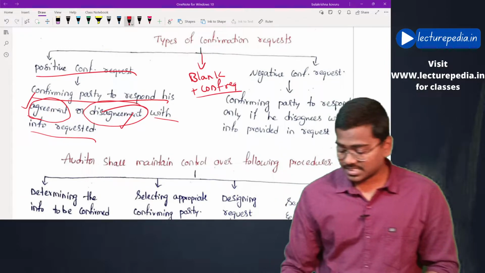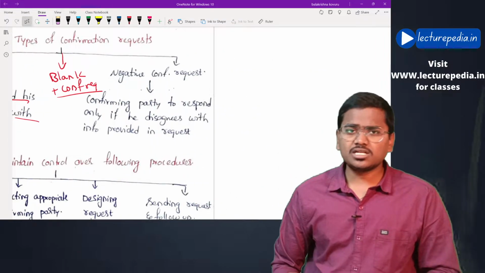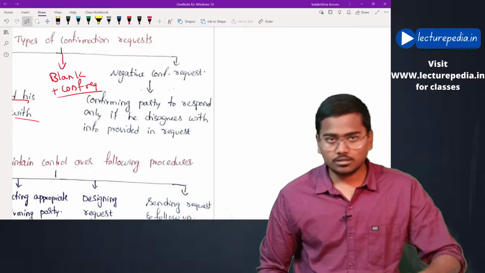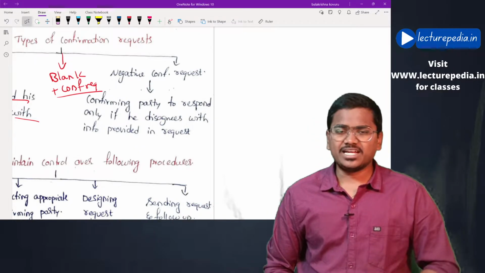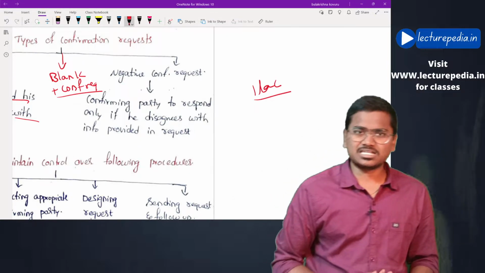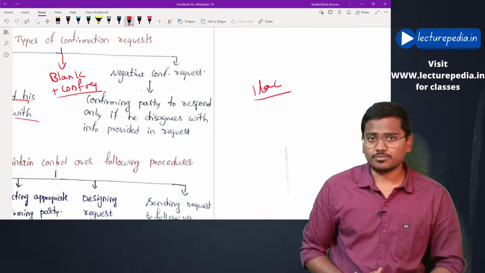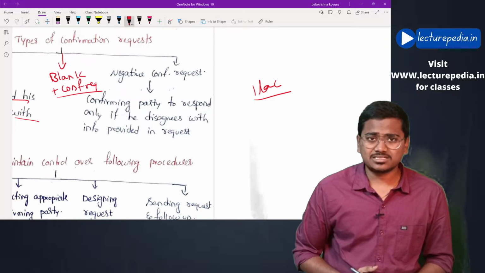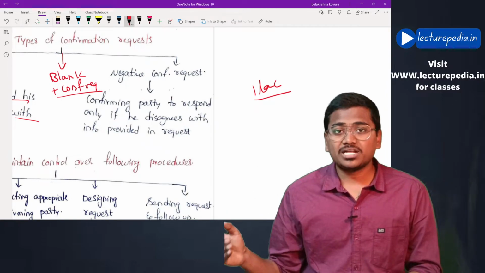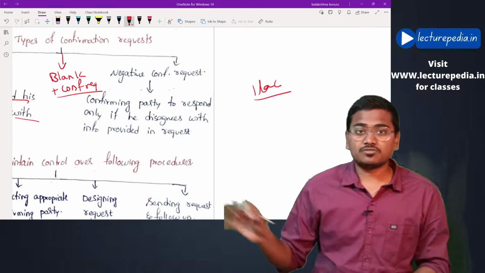Basically, let's say the auditor needs to obtain confirmation regarding debtors balance. Now in the books of accounts of the client, the balance is some 1 lakh. Now the auditor needs confirmation regarding this. He sends a positive confirmation request. Now the auditor gets a doubt whether the confirming party will properly verify his books of accounts while confirming or not.